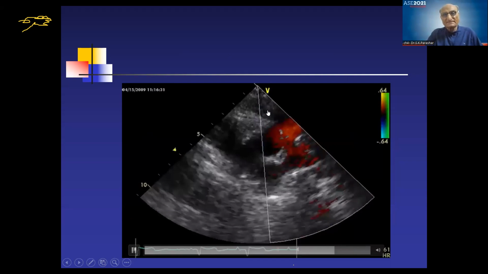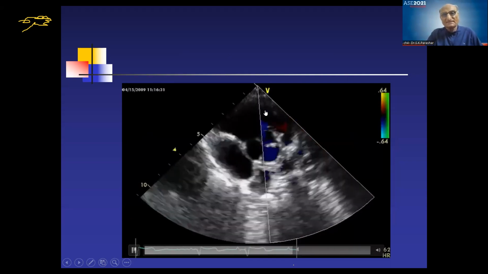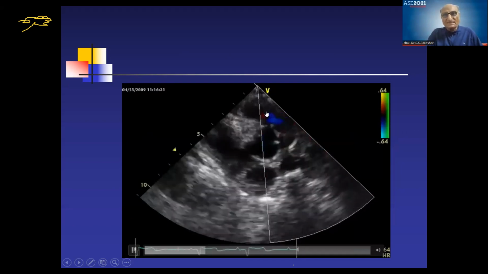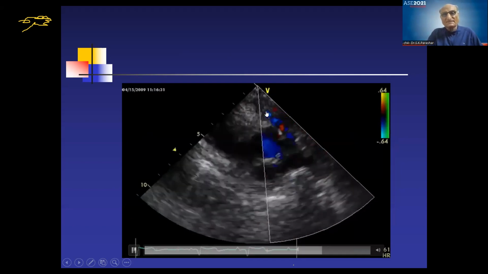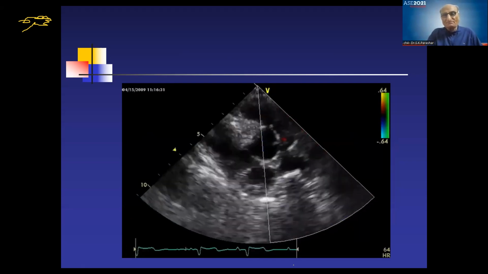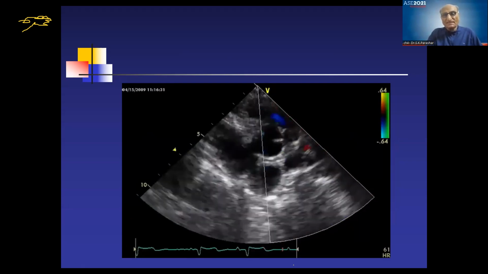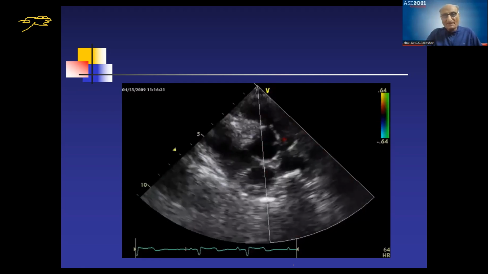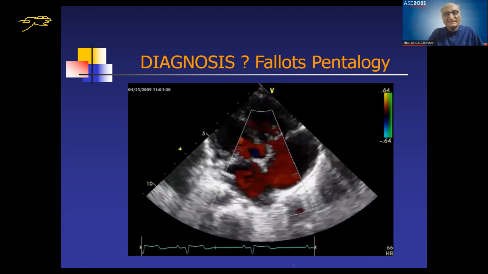You see, this is the valve, and this turbulence starts in the infundibular area. So that means there is an infundibular stenosis. But sometimes you can see whether there is a valvular and infundibular component, sometimes by using a pulse Doppler here. Because a CW will record the whole velocity across the RVOT. So you can see this is the RVOT.